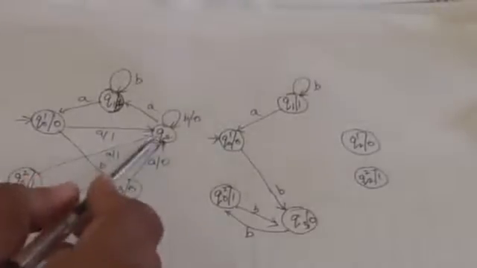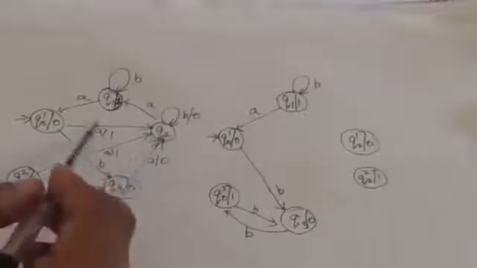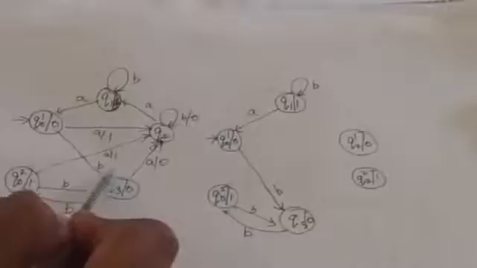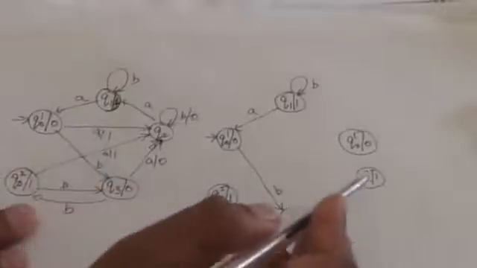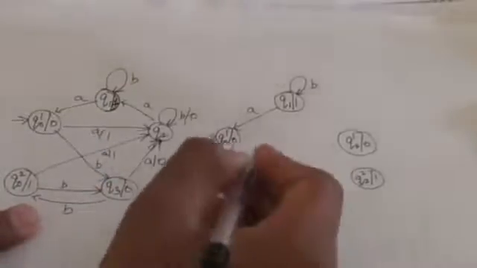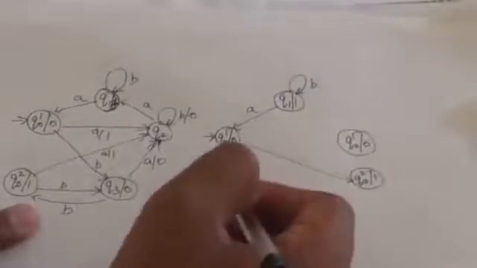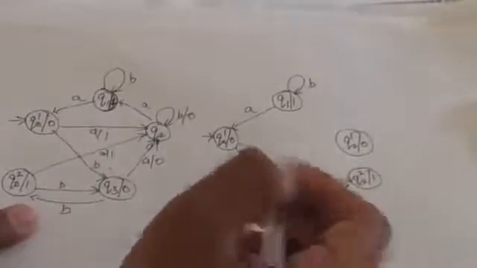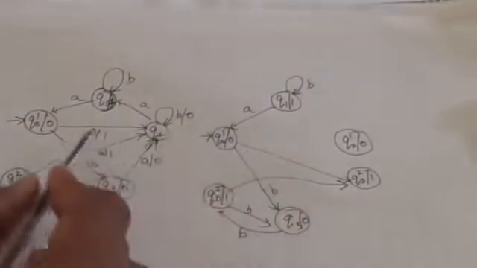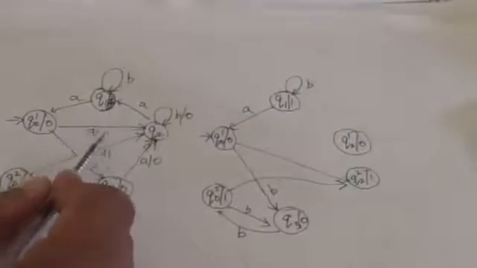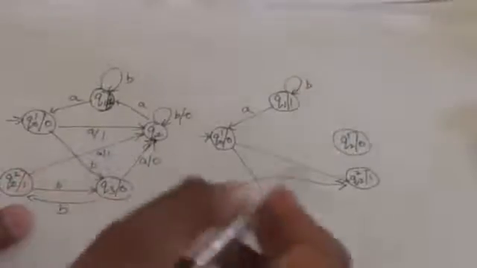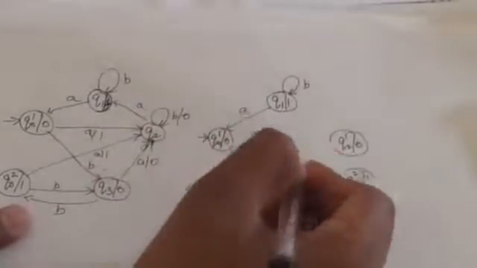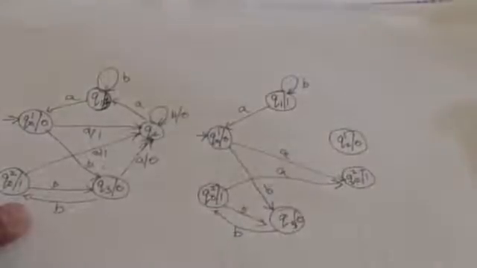These are incoming edges of state Q2 and are labeled by output symbol 1. So these edges will fall on this state. So what will we do? We will remove output symbol from incoming edges and associate it with the state. I have already associated it with the state. So they will be labeled only by input symbol.